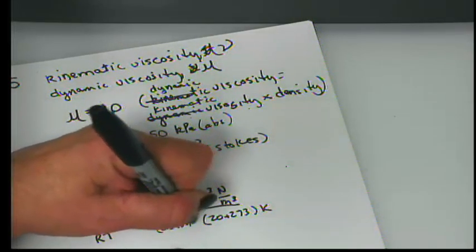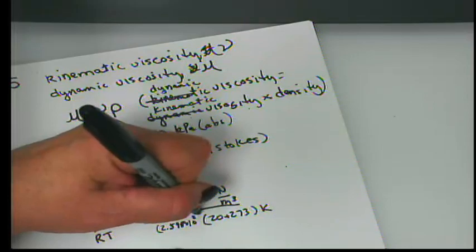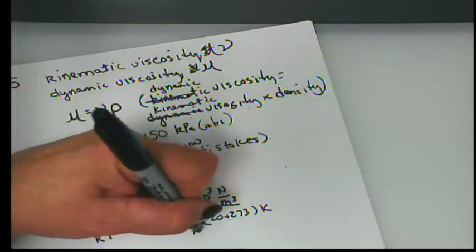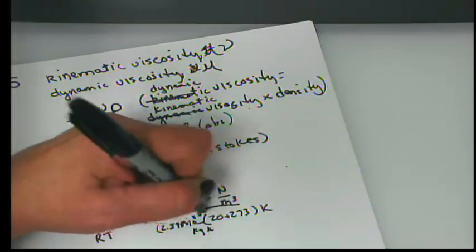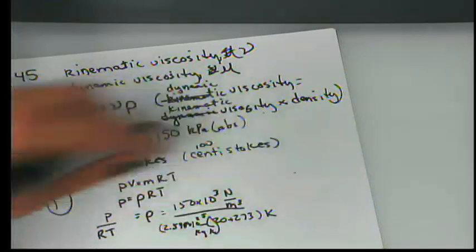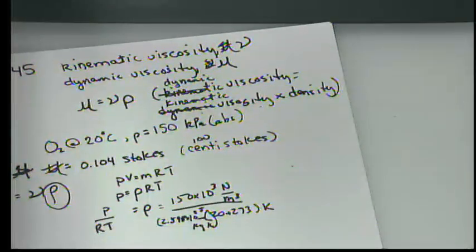My units are joules per kilogram Kelvin. That would be my density, and I need to see what that actually boils down to.